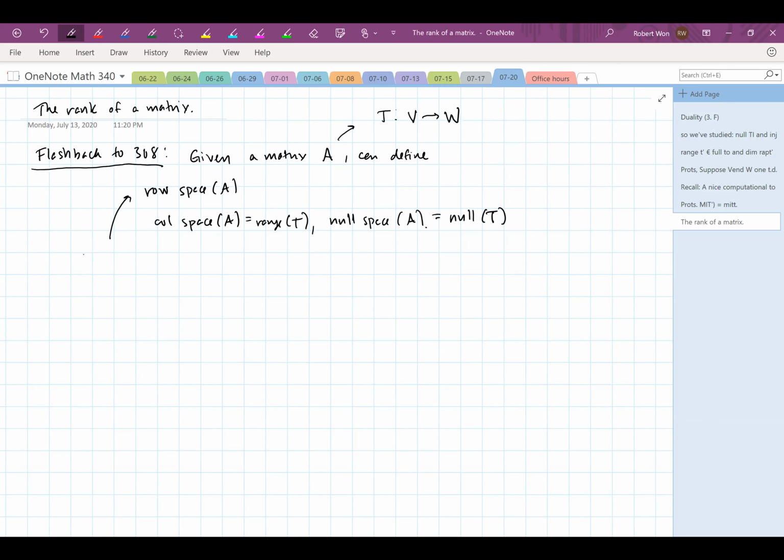Okay, so what about it? Well, the row space of A is the same thing as the column space of A transpose, right, because the rows of A are the same thing as the columns of A transpose. And we just saw that this is the matrix of the dual map.